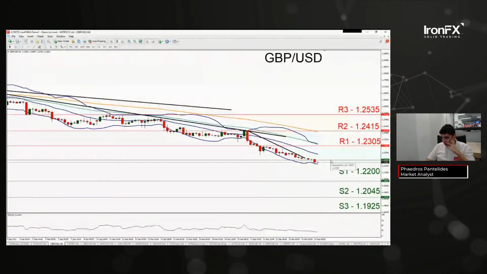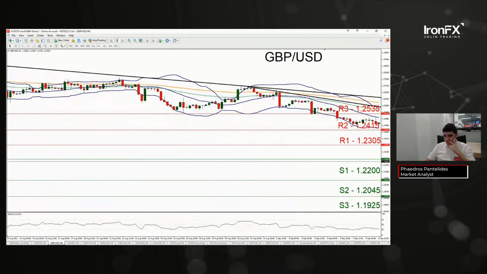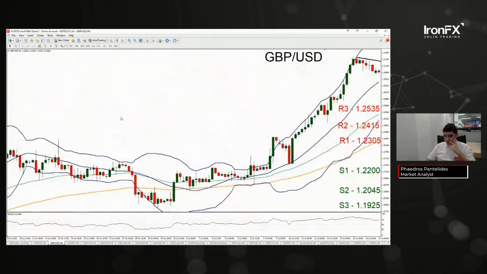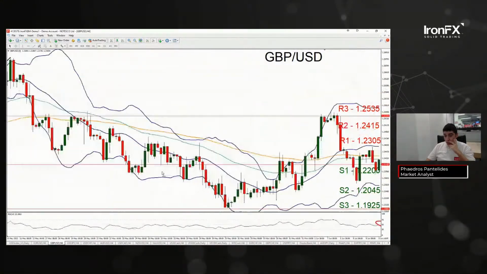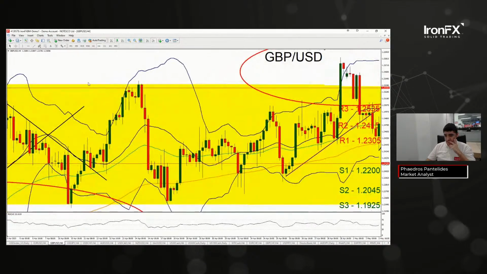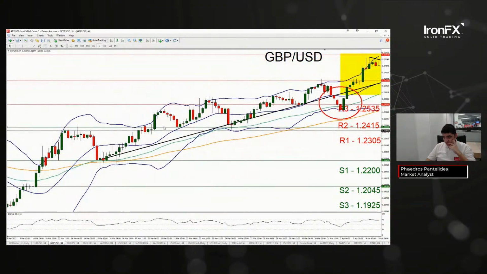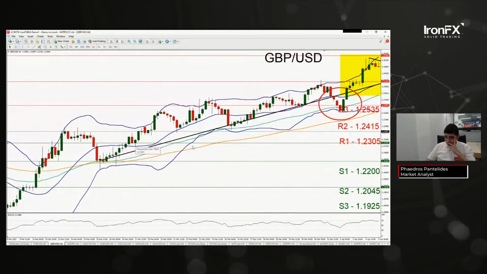As you can see, it's actually broken below S1, so we need to readjust S1 as well. And we're going back, find our new support level at S1, this swing low.